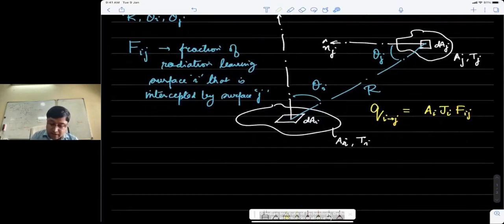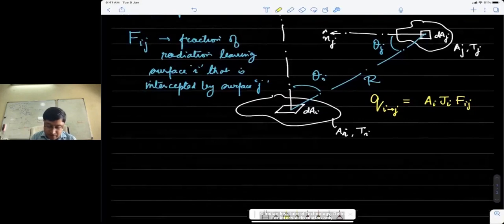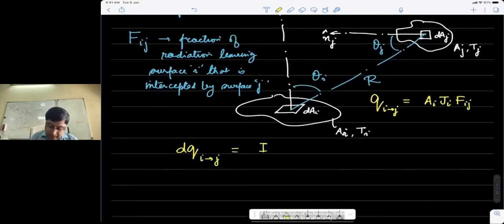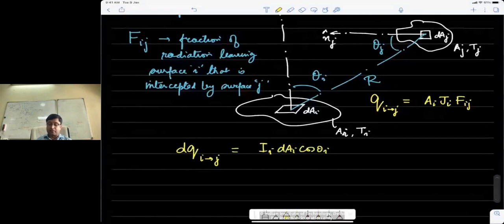So we can start with the differential analysis, since we defined elemental areas. Let's say dq is the amount of energy leaving elemental area dAi and reaching dAj. It would be the intensity at surface I times dAi cosine theta i, very similar to the definition of intensity we used for radiant intensity, times d omega.